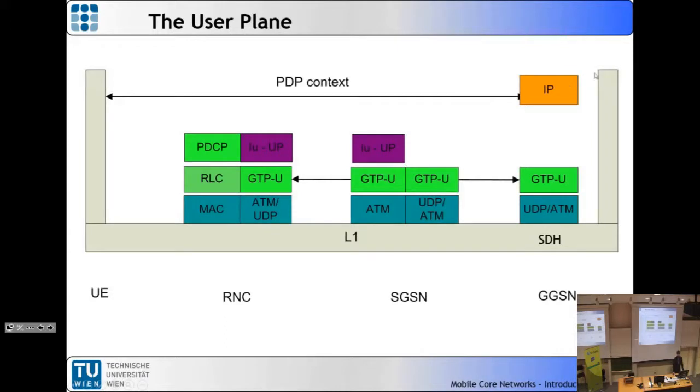So the GGSN would take the IP packet, it would encapsulate it in a GPRS tunneling protocol, would use any kind of transportation protocol, UDP, ATM, whatever you want, transport it to the SGSN he has selected or he thinks is the next best choice, and the SGSN itself will then pack it in a way that the RNC can understand it and transmit this information to the RNC itself.